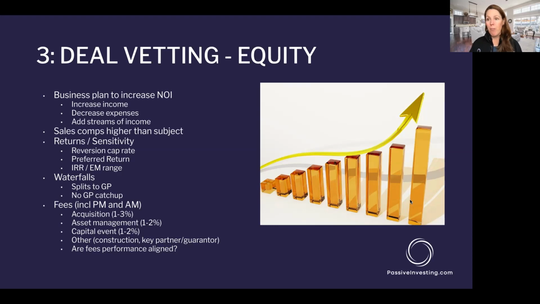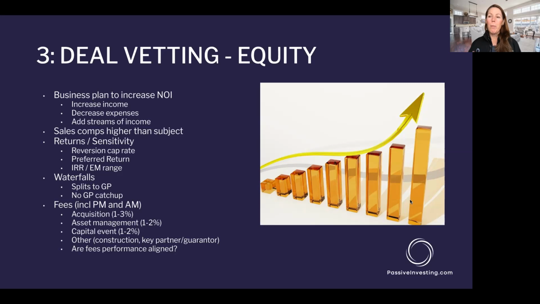There, you could expect to see a fee in there for that as well. And for me, unlike the others, the key partner and guarantor fee is an added fee. I'm not so bothered by it because I don't have the balance sheet to go get a loan for that asset. So I'm like, okay, somebody's pledging all their assets and they're on the dotted line in order for us to get access to this deal. I'm kind of okay with that.